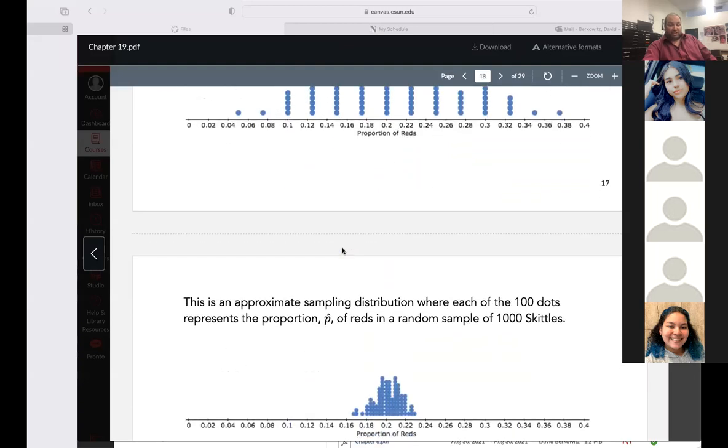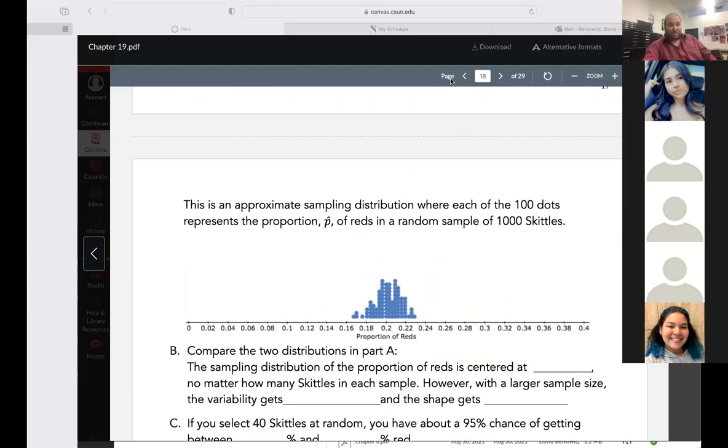Whereas in this case here, if I want 95% of my data points, how far do I have to go now? How far from 20% do I go left and right to get 95% of my data points? It looks like from 0.18 to a little bit after 0.22. Something like that, right?